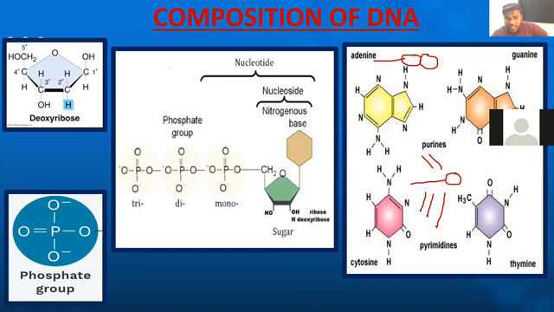All of you pay attention. This is the sugar, right? The first carbon of the sugar, which carbon, my friends? The first carbon of the sugar is associated with the nitrogenous base by a bond. What do you call that particular bond? We will call it an N-glycosidic bond.